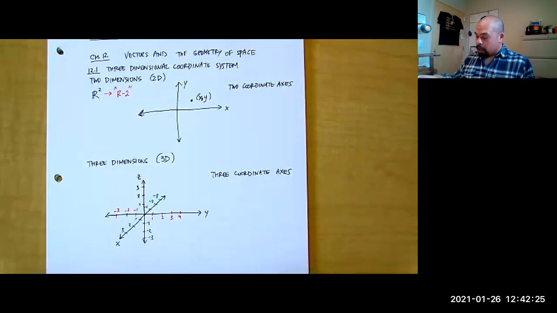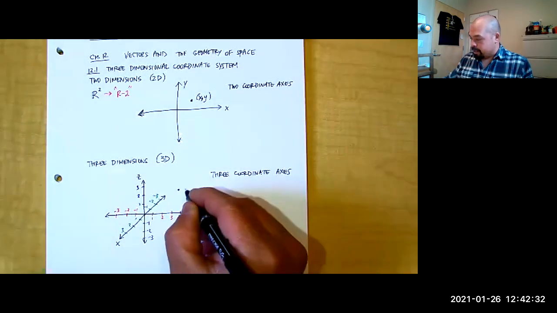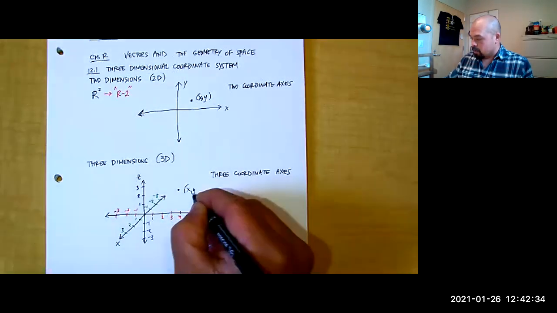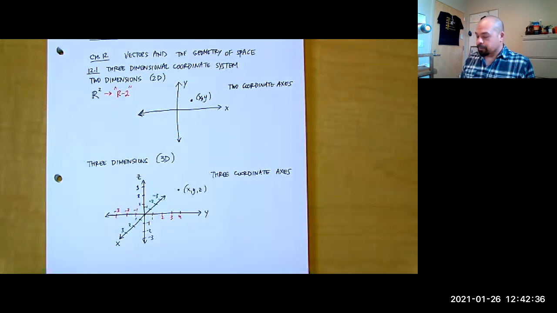And so depending on where we are, we can identify a particular point in this space as x, y, z.